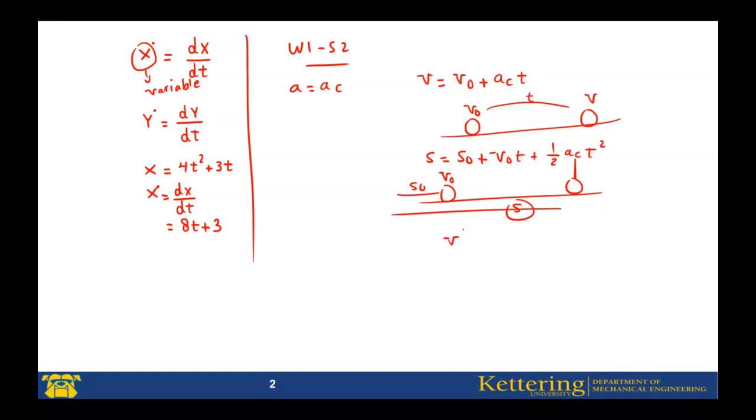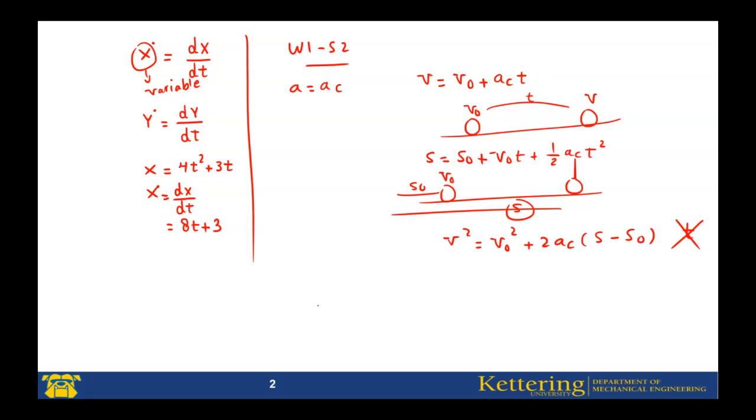Also, from this equation, we can find the relation between V, V0, and S minus S0. For this equation, there's no time variable. Sometimes T is not given in the problem, so you can use this equation to relate different variables. These are what I reviewed from week 1, session 2, and you already learned about that.